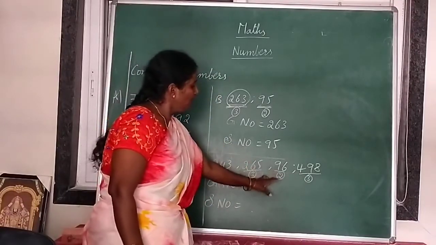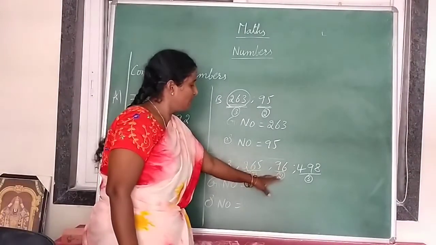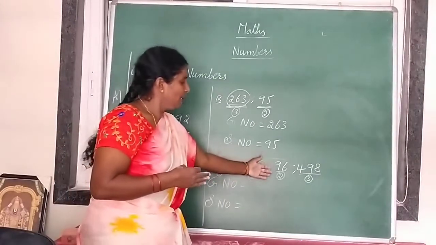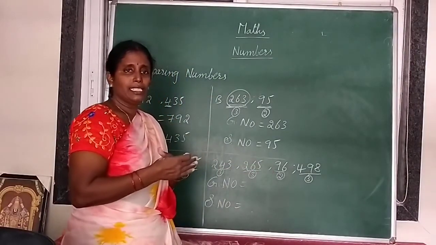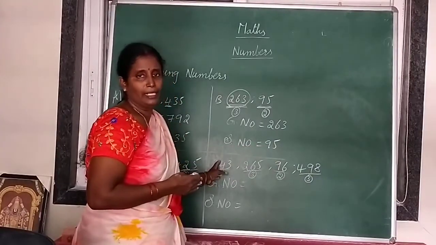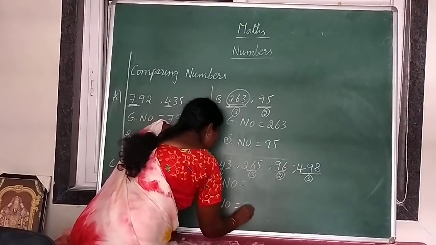But this number has 2 digits. So the number with fewer digits is less than the remaining numbers. So smallest number is 96.